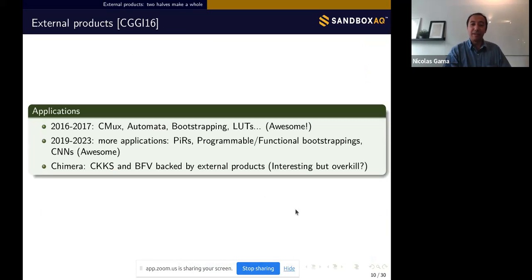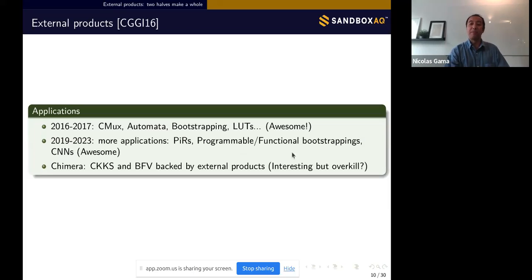So yes, there are a lot of applications of this external product. So the CMUX, automata, bootstrapping, lookup tables. In these last 4 years, there were many others that came out. PIR, so private information retrieval, is when you have a public database and a secret index, and you want to do queries.